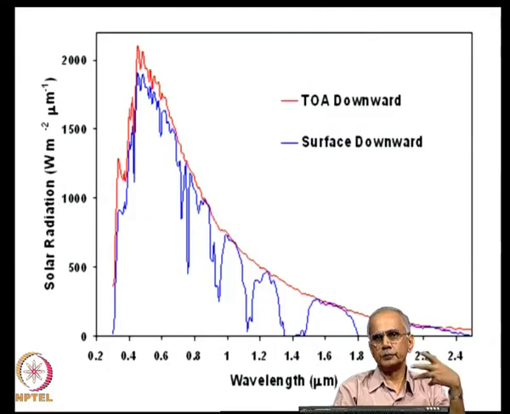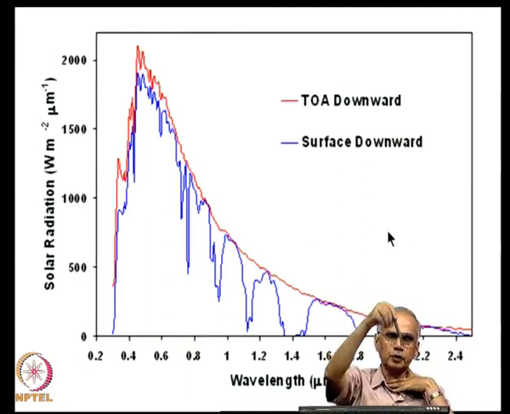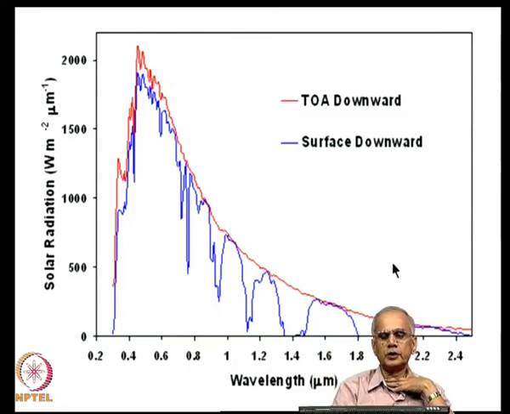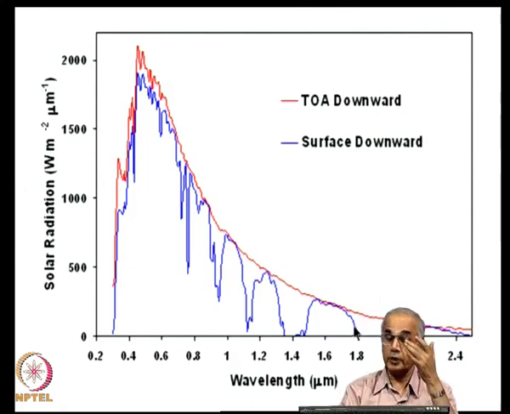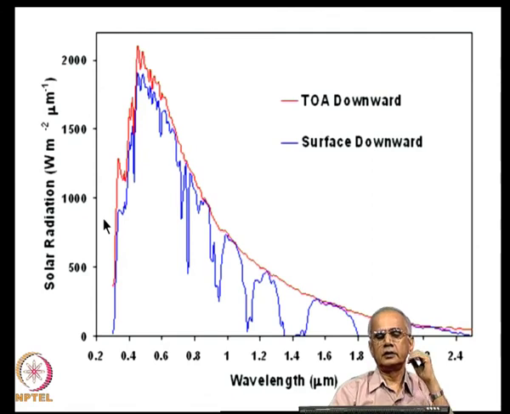Now, because of all the absorption, all of you know that the radiation that is coming from the sun behaves close to that of a black body, that is the orange line. By the time the radiation goes through the atmosphere and is absorbed by various constituents, at the earth's surface the radiation is lower and there are clear cut absorption bands of carbon dioxide and water vapor, which you see here, which has removed the black body radiation that was being emitted by the sun.